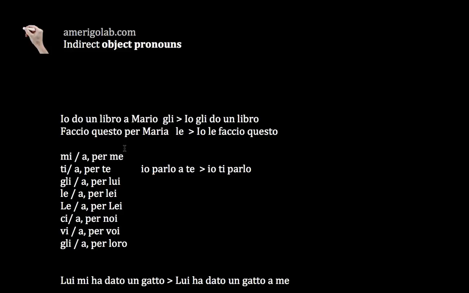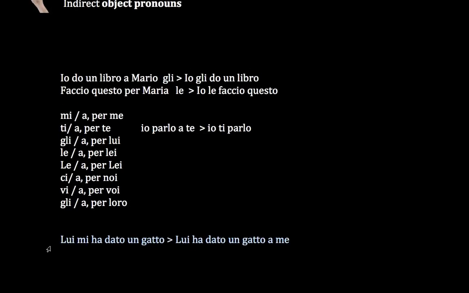For example, io ho dato a Maria un bacio. Okay, so a Maria is gonna be our indirect object, and I want to replace a Maria with the equivalent indirect object pronoun.